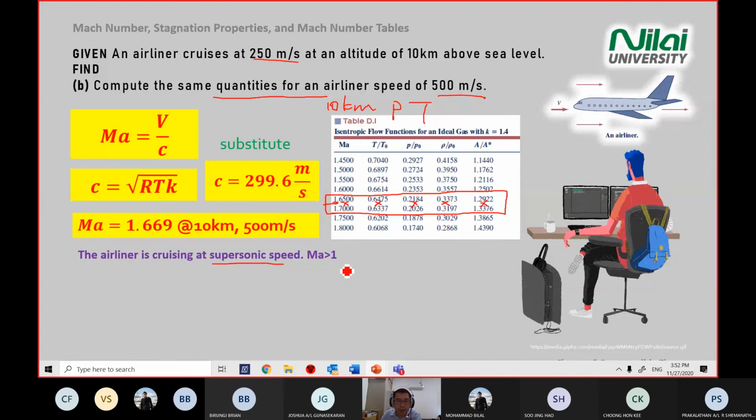Repeat the same steps. For your textbook reference, if you do the interpolation, your pressure ratio at 500 meter per second, or Mach number 1.669, from this table is 0.212. Those are the interpolation steps.